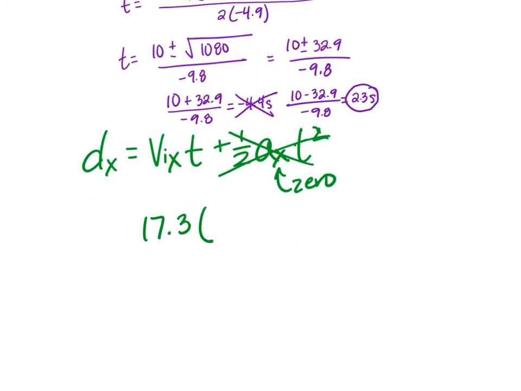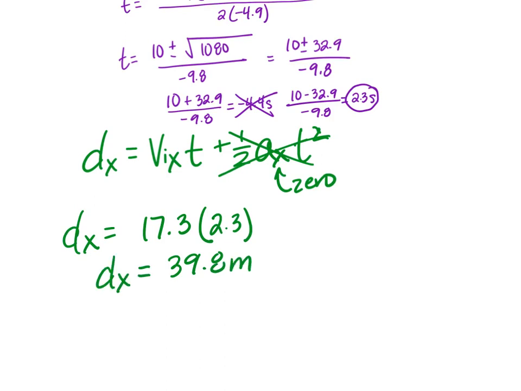And then our time we just found was 2.3. And we're just going to multiply those together, and we are going to get an answer of 39.8 meters. And that is how far the ball is going to travel away from the cliff.